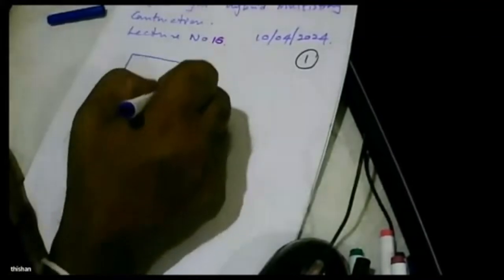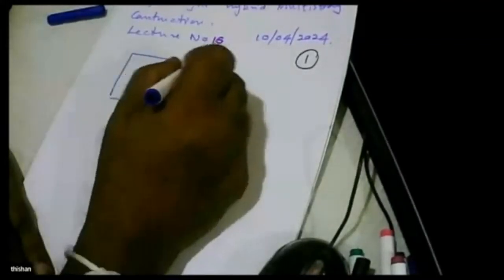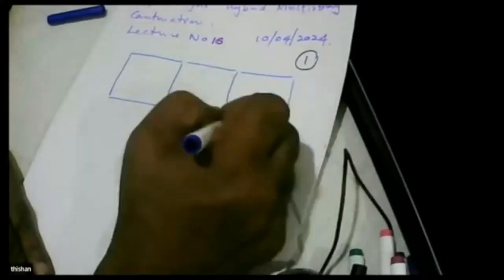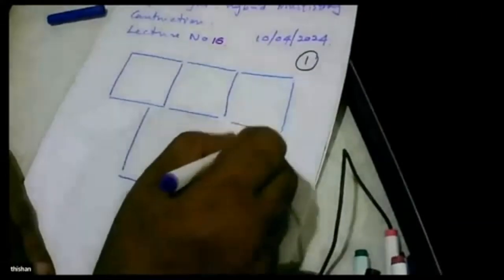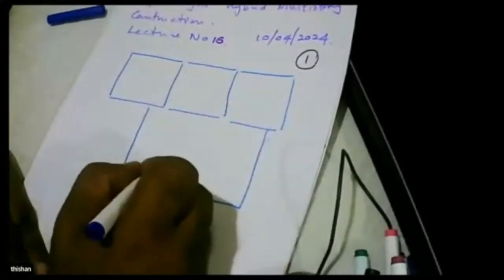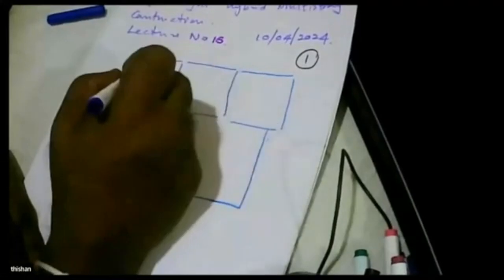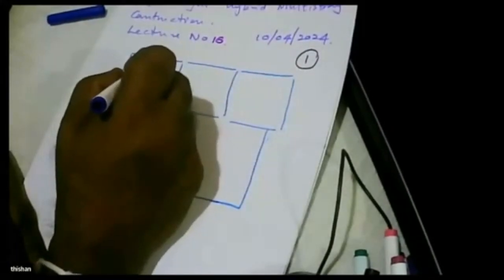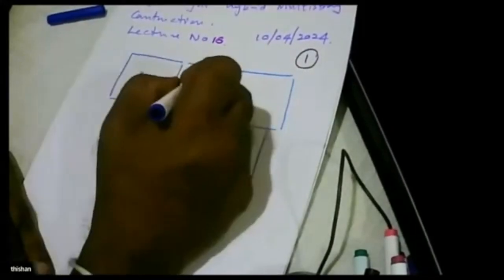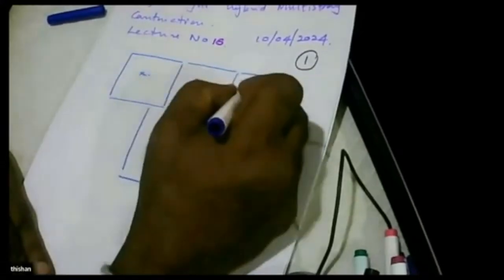If you look at the example that we have considered, a house of this type of shape, this is a living area, and these are the rooms like kitchen, pantry, bedrooms, and so on.